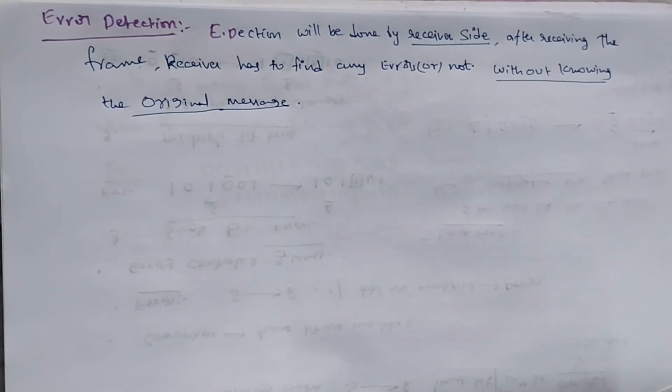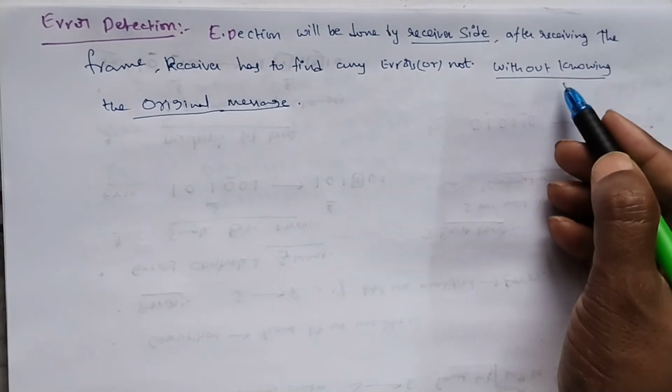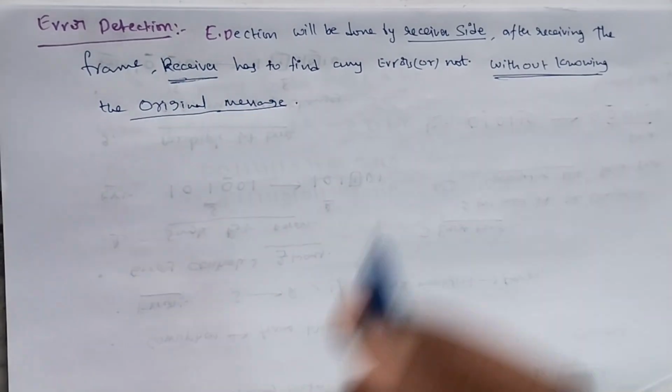Here the sender sends a message, but the receiver does not know what message was sent by the sender. So without knowing the message sent by the sender, the receiver has to detect the error.